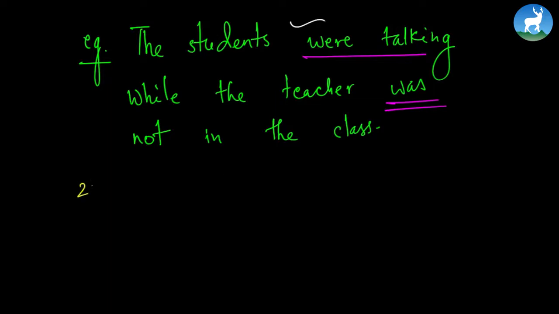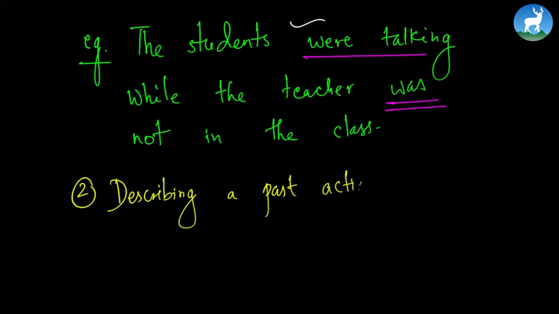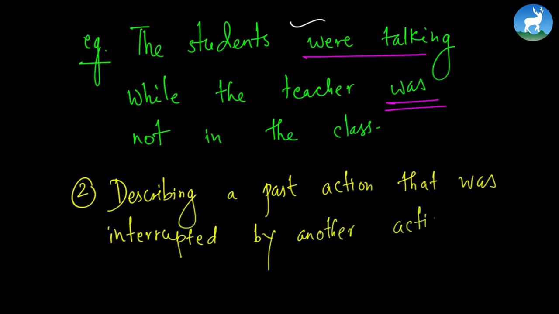Now let's go to use number 2. Describing a past action that was interrupted by another action. So while describing a past action that was interrupted by another action, we use the past continuous tense. So we'll see how that is done. Let me write an example for you.